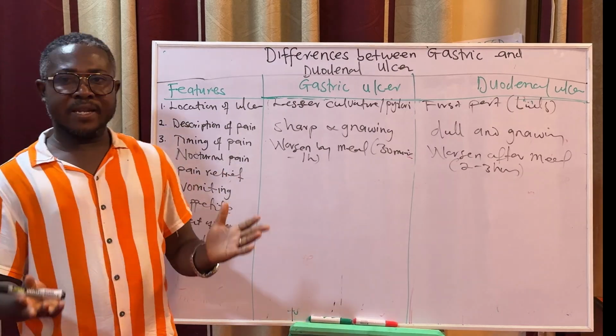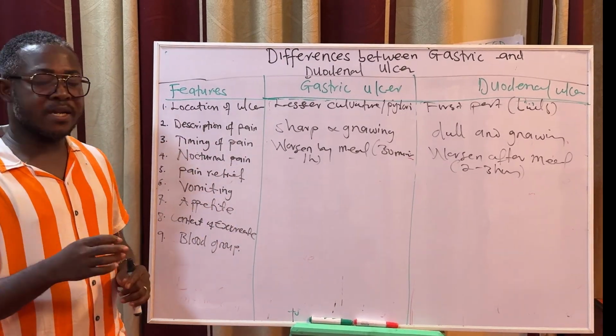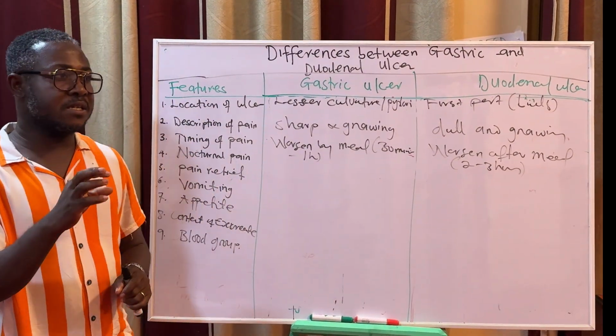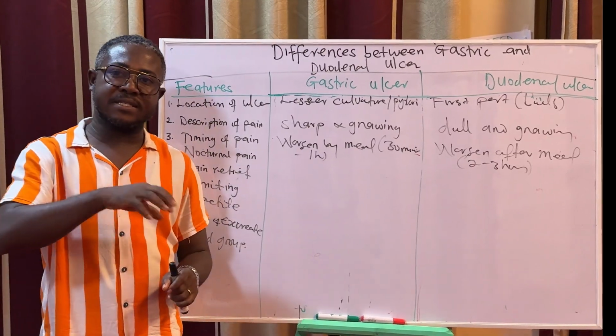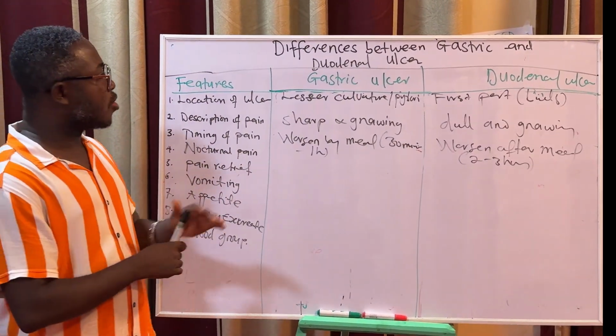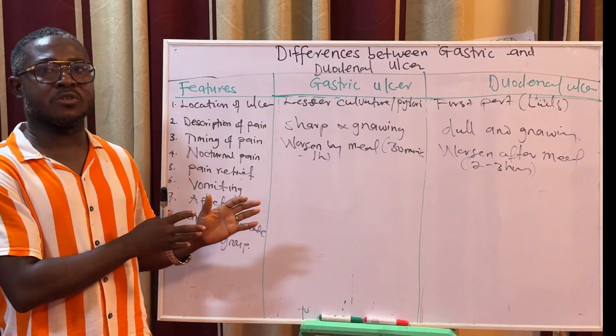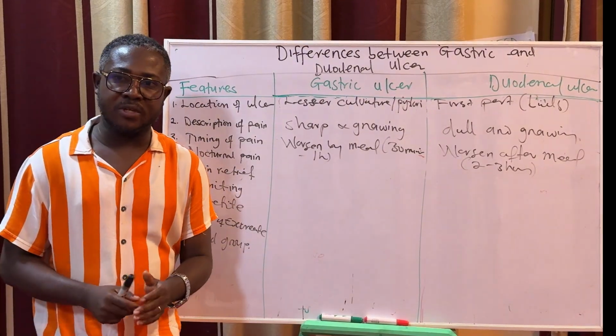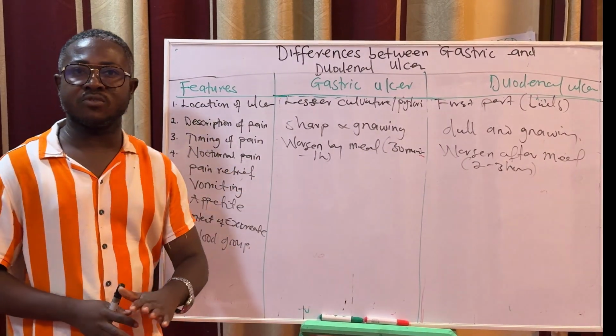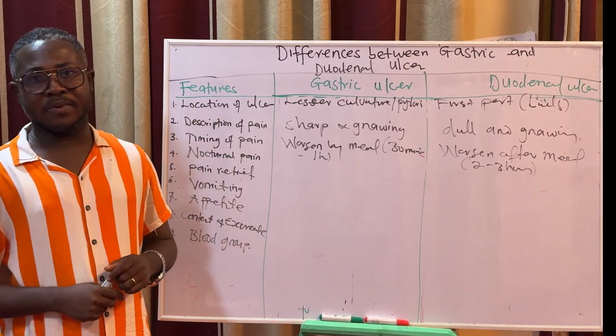Now, why does it happen so? Because after digestion in the stomach and the food exits into the duodenum, the pylorus briefly closes, and that prevents the acidic content from the stomach to enter into the duodenum. And you know that acid getting into the duodenum will also exacerbate the pain.